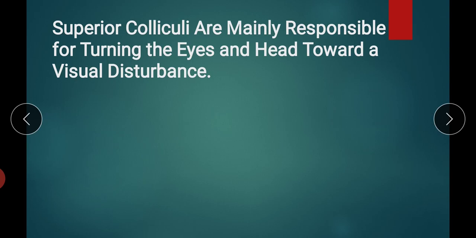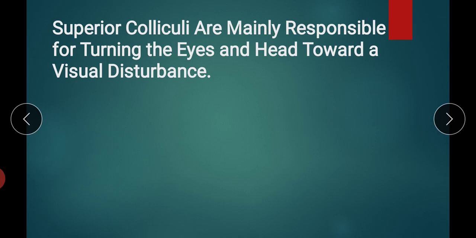This area is more active because it has one of the highest blood flows per gram of tissue per minute. Though it is small, it has a topographical representation, same as that of the sensory or motor cortex. It means different body parts are topographically represented in the superior colliculus.